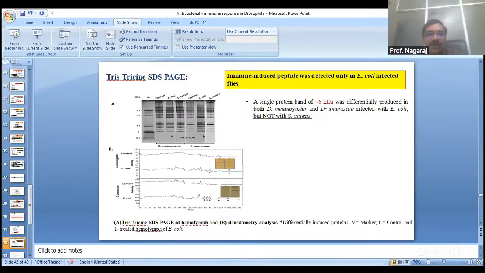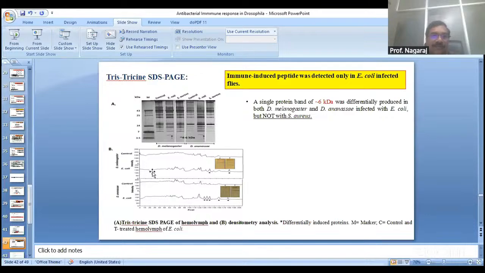A single protein band of around 6 kilodaltons, small, was differentially produced in melanogaster and NNSA infected, but not with the SRAS. So there is a difference here as far as this protein is concerned. Both the species show differential expression against E. coli, but not SRAS.